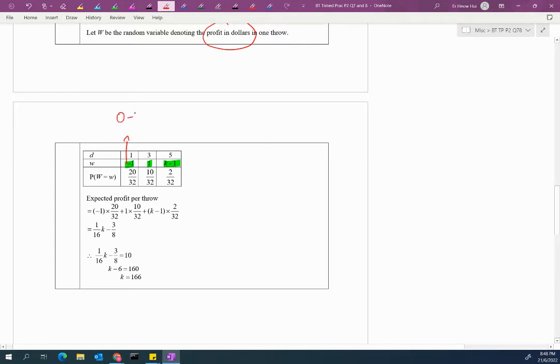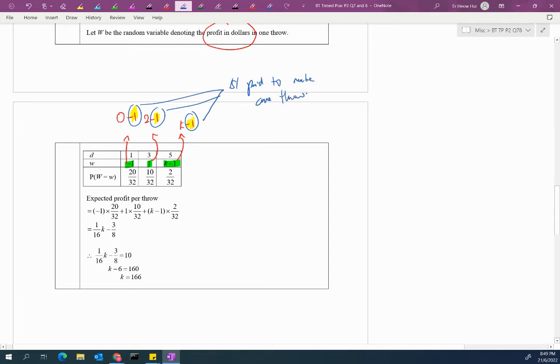This is 0 minus 1, this is 2 minus 1, and this is K minus 1. These 3 minus 1s come from the $1 paid to make one throw.